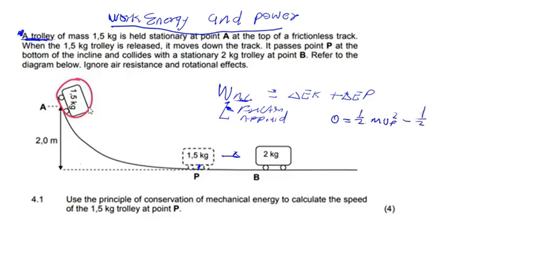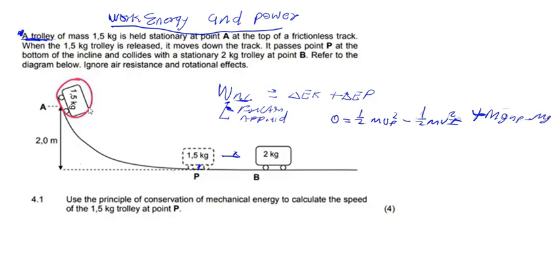So we're just going to write 0 equals. Then we're going to expand our change in KE: it is half mv squared, which is final, minus half mv squared, which is initial.